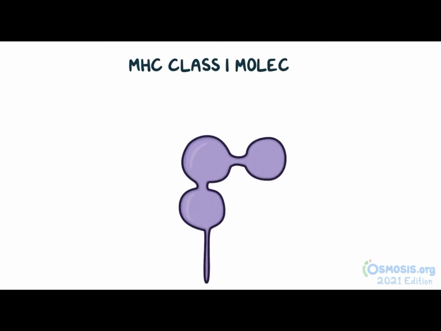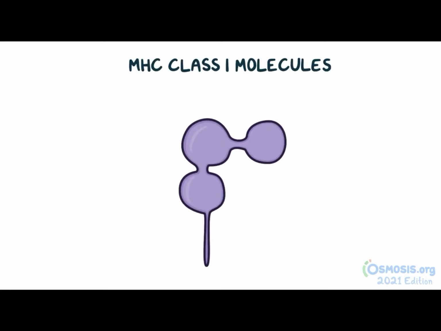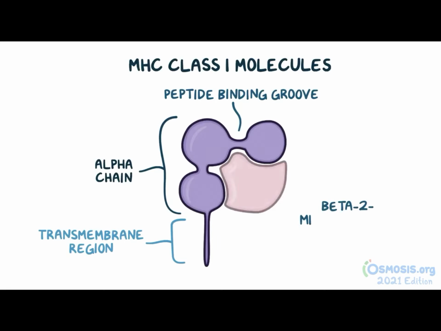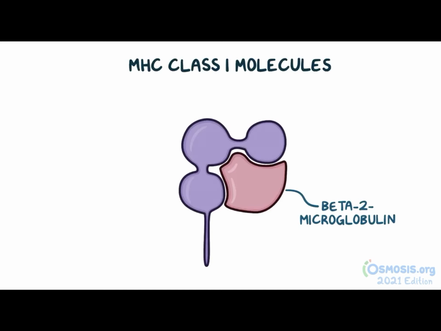The MHC class I molecule has two protein chains. A larger alpha chain, which contains both a peptide binding groove and a transmembrane region which anchors the MHC class I molecule onto the cell surface. And there's also a beta-2 microglobulin chain, which is linked to the alpha chain. The alpha chain has three extracellular domains: alpha 1, alpha 2, and alpha 3.